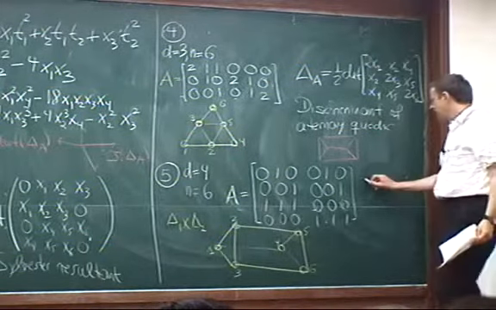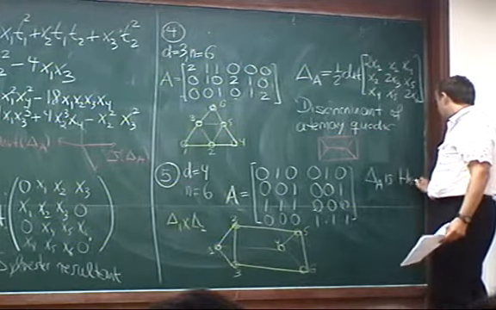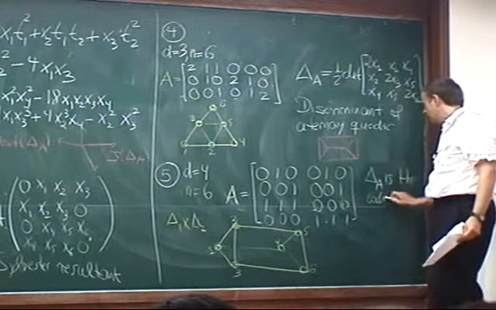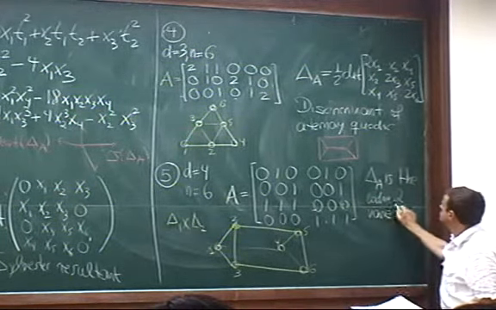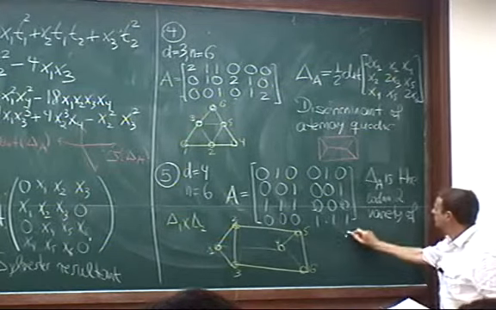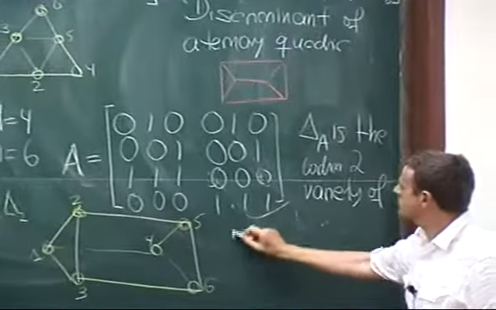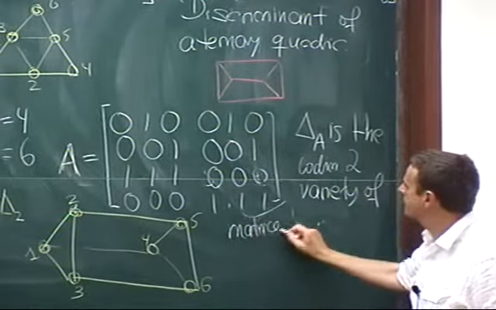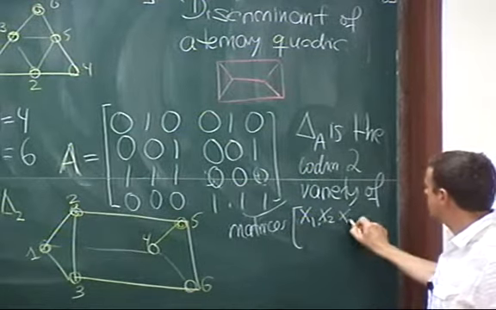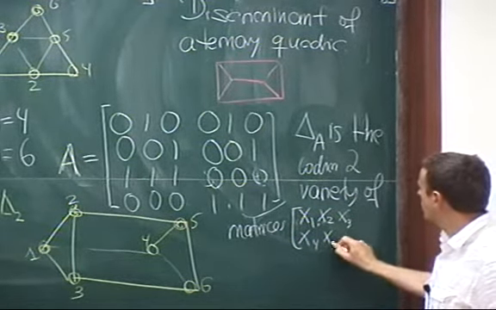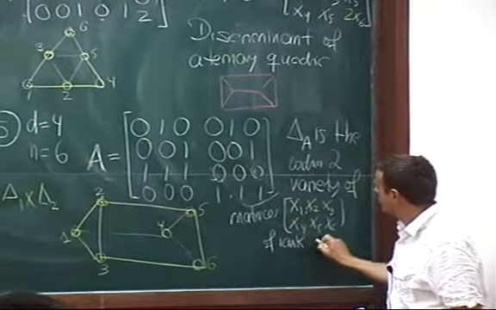In this example, delta A is a codimension 2 variety consisting of 2 by 3 matrices x1, x2, x3, x4, x5, x6 of rank at most 1.